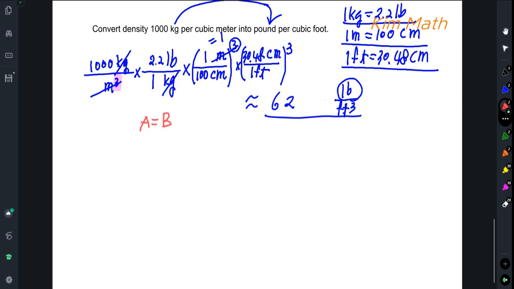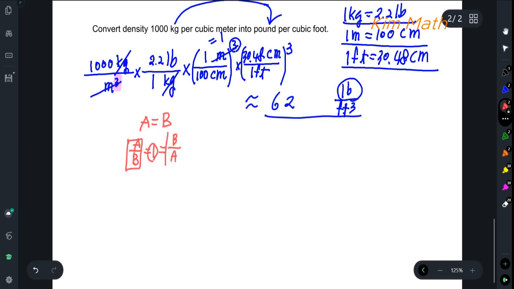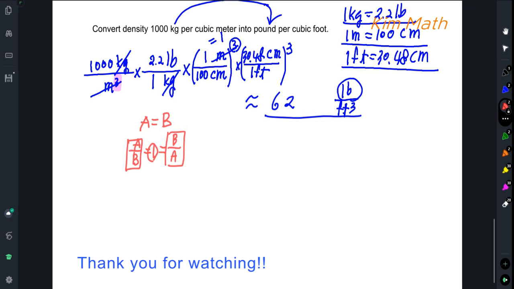From this, we can make a fraction whose value is 1. You can make b over a also, whose value is 1, and we can multiply 1, or a over b or b over a, any number of times. Okay, this is the key point to convert units.